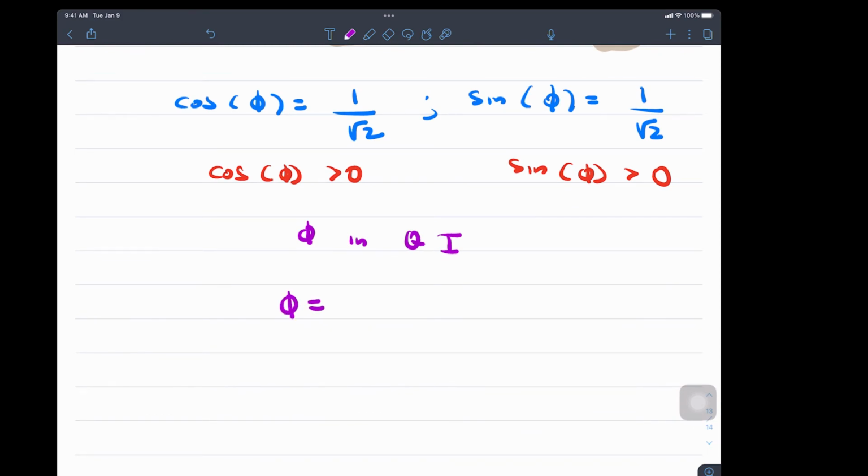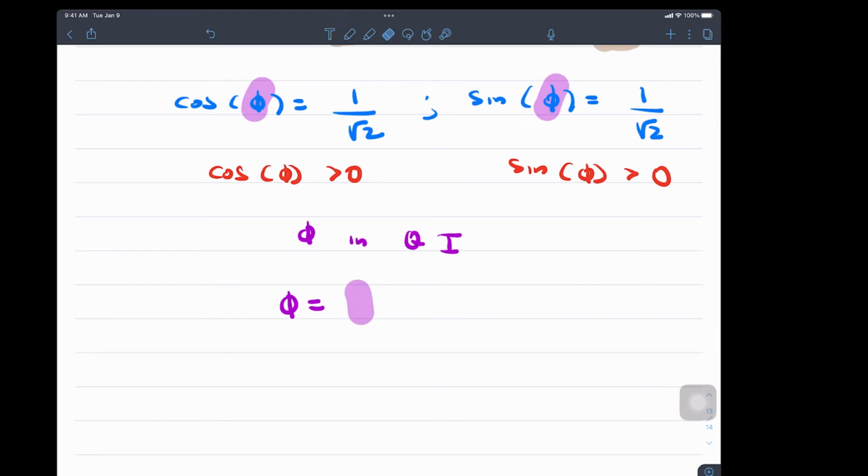What is phi going to equal? How do you find phi? Well, yes, you can use that, but we'll get there. But you guys may already know what phi would be. What's 1 over the square root of 2 for cosine and sine? Phi is 45 degrees. Is that right?